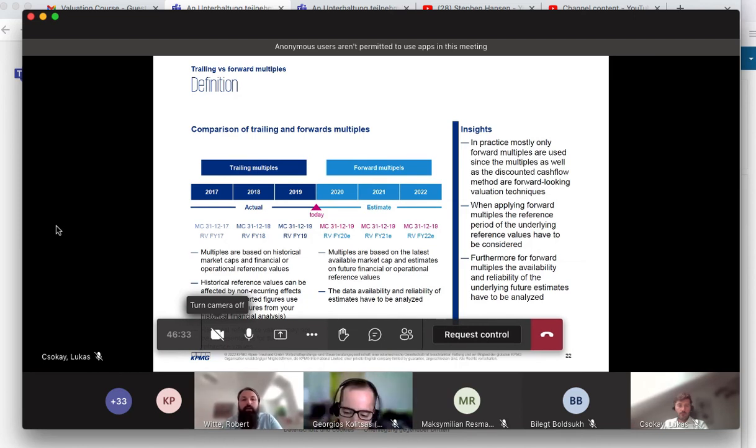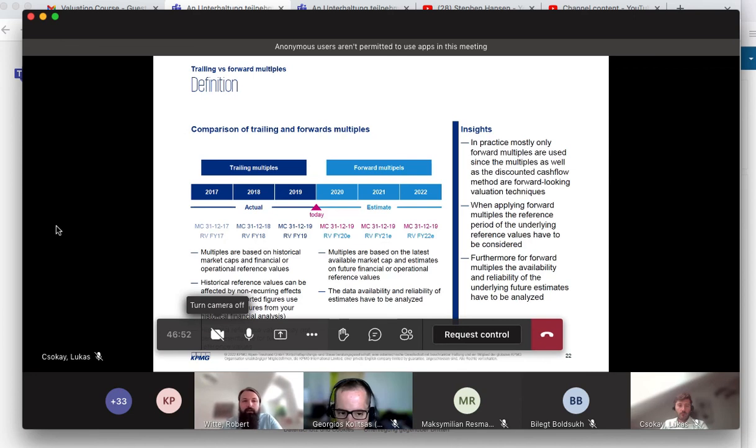What you can do is take the market cap for Twitter as of the 31st of December 2021. Then I can take, for example, the EBITDA or the earnings, the net income.